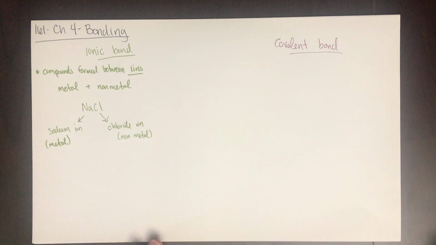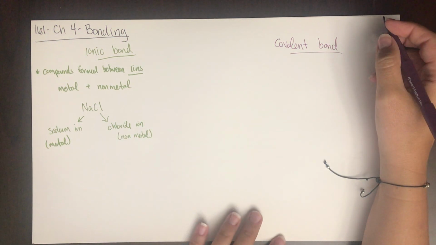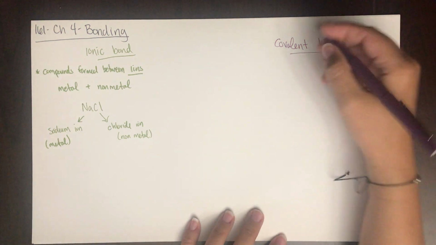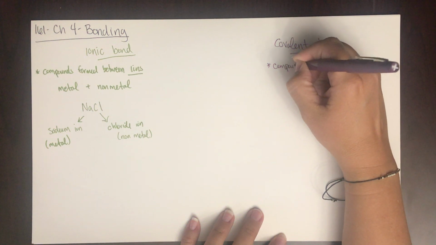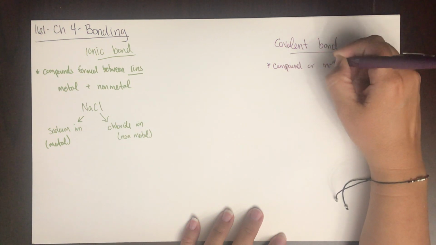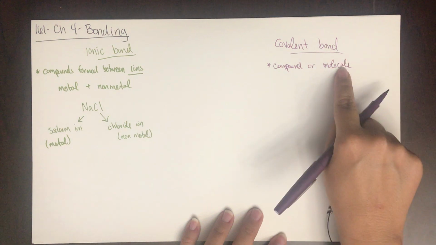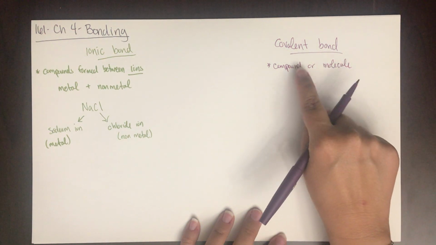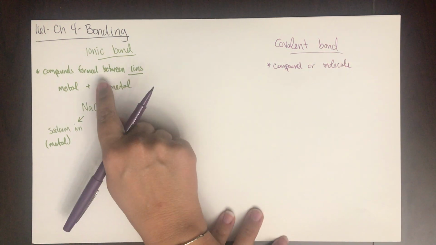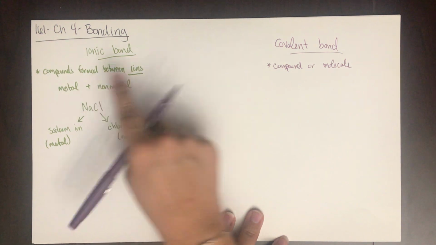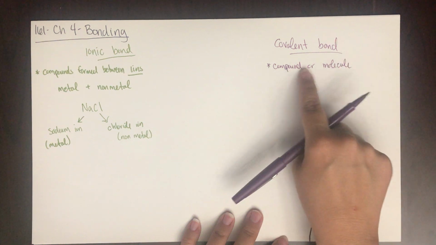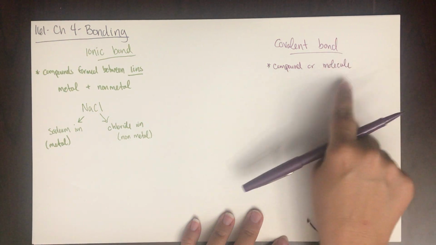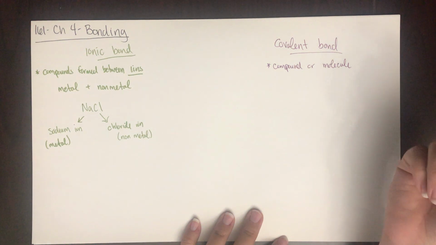So this is kind of the basics for ionic bonds. So let's talk about covalent bonds for a minute, and then we'll come back to ionic bonds. So a covalent bond forms what is sometimes called a compound or molecule. A molecule is actually technically a covalent compound. You cannot have ionic bonds that form molecules. You can have covalent bonds that form molecules. Compound or molecule is acceptable when we're talking about covalent bonds.